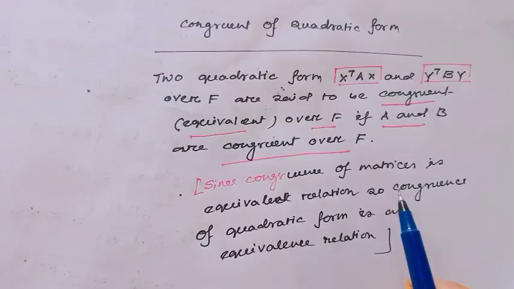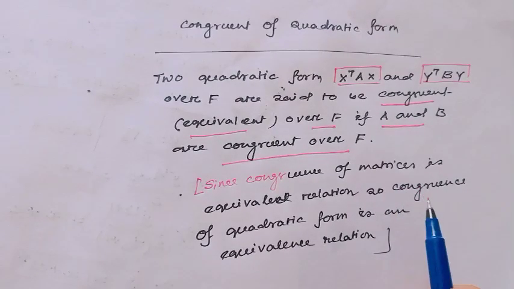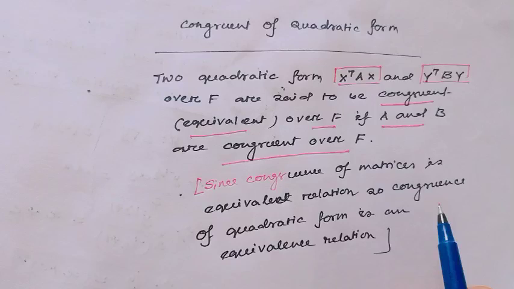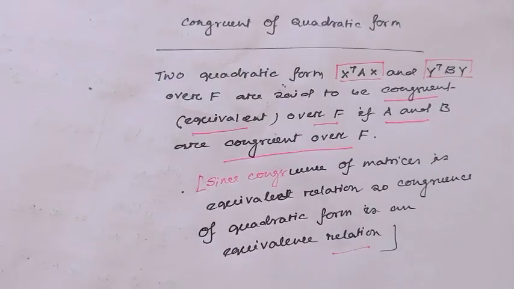And since congruence of matrices is an equivalence relation, congruence of quadratic forms is also an equivalence relation.